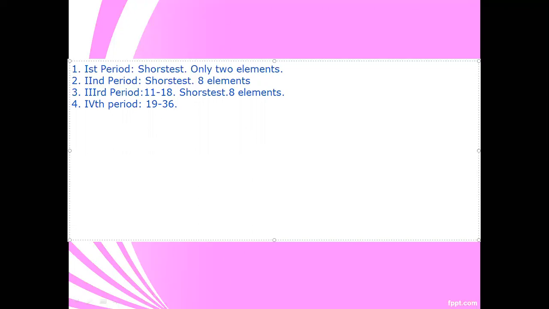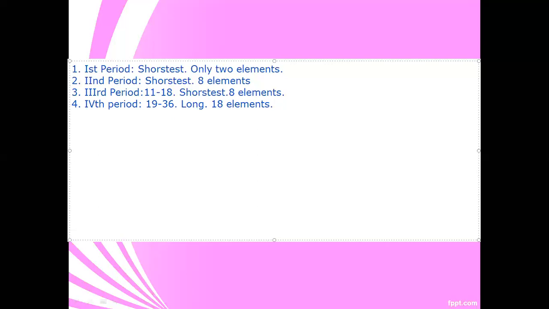So this is a long period, because it contains 18 elements. So this is called a long period.